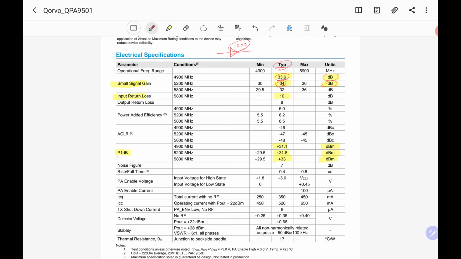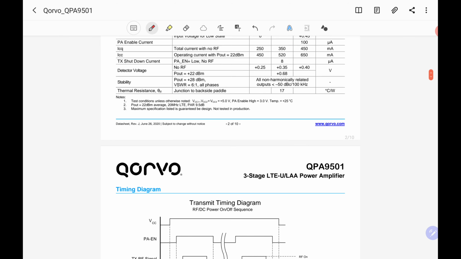And then this is P1 dB. We can understand this as output power. So output power is 31 dBm. Right? 31 dBm means absolute power, so this is about 1 watt. So if you see this power amplifier, you understand how much power can be generated from this PA, which is very high power in this kind of RF communication in LTE.